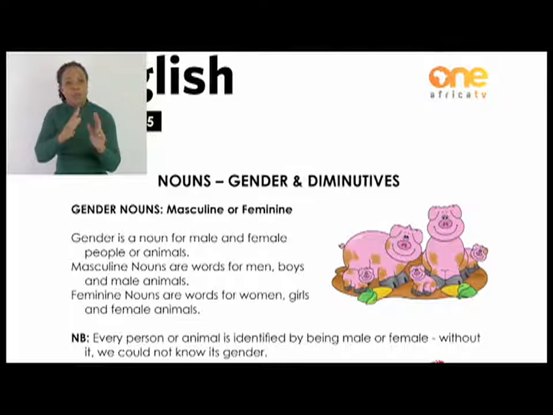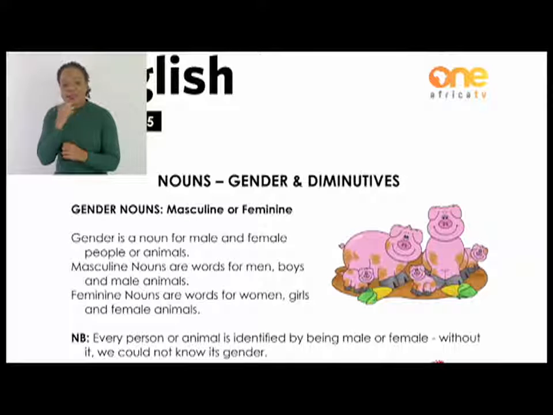Masculine nouns are words for men, boys, and the male animals. I understand you still remember that during the last lessons, you talked about nouns, and you were defining nouns as names of things, names of people, names of places.